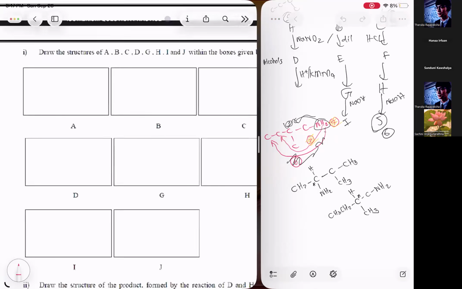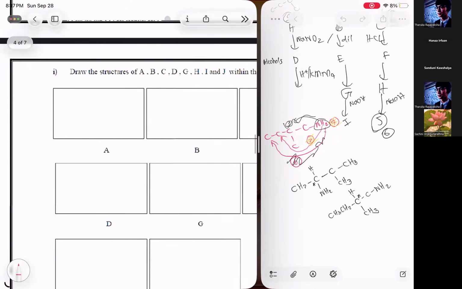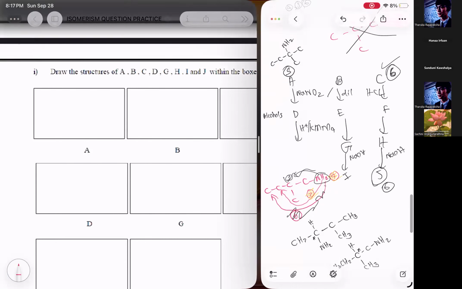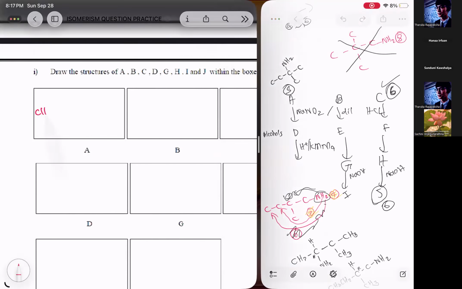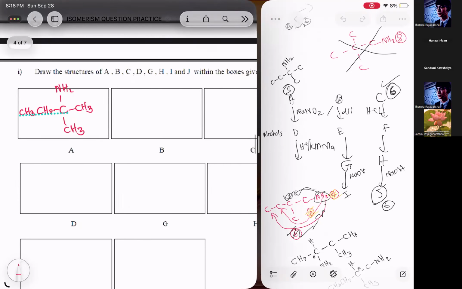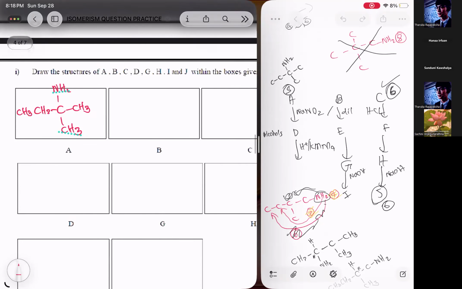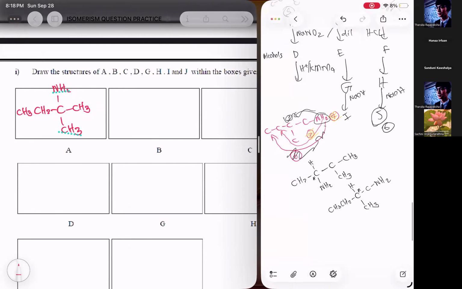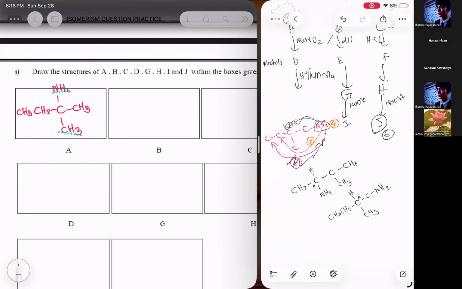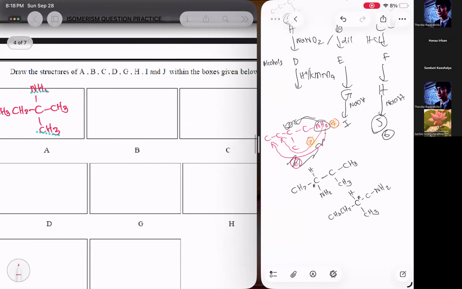Okay, draw the structures of A, B, C, D. A we found: CH3, CH2, C, NH2, CH3, CH3. B we have to find out, but it's impossible to determine because there are two structures possible.